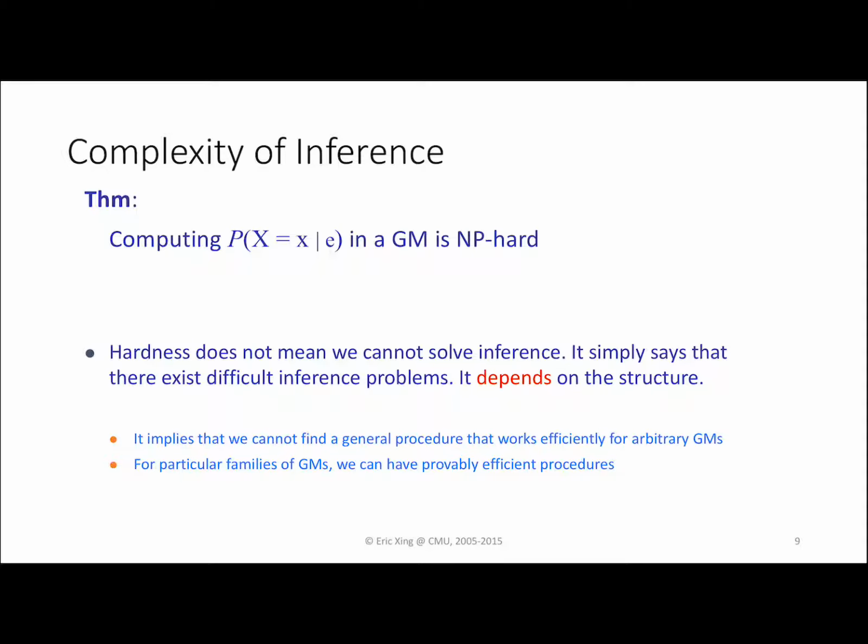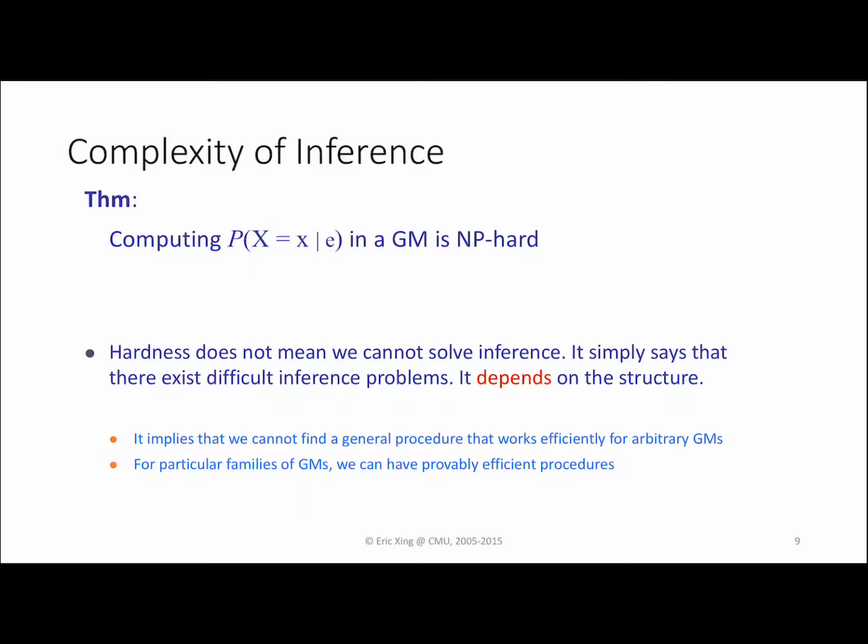Before going forward, this is a reiteration of what we said earlier in more formal ways: for a general graphical model, of arbitrary shape, computing inference, MAP inference or marginals, is in general NP-hard. But that doesn't mean that we cannot do it.